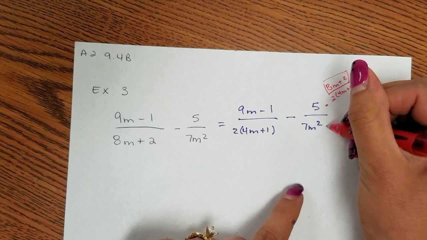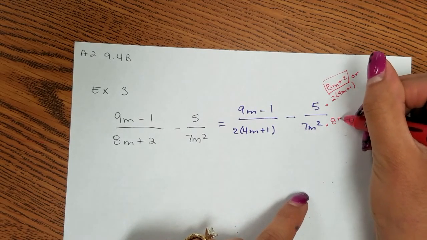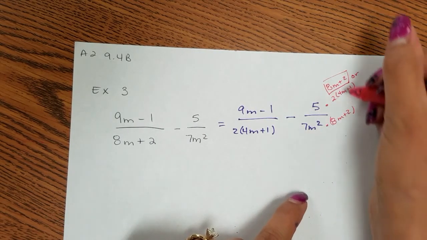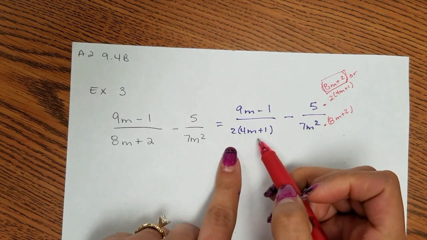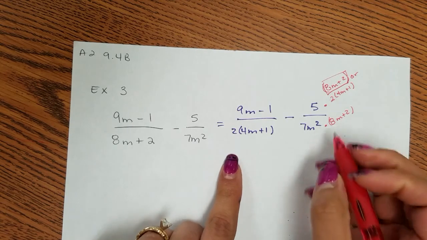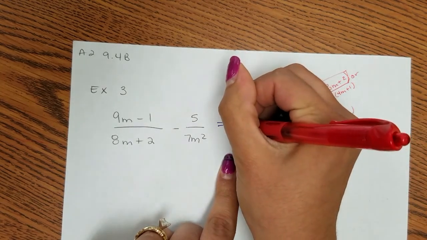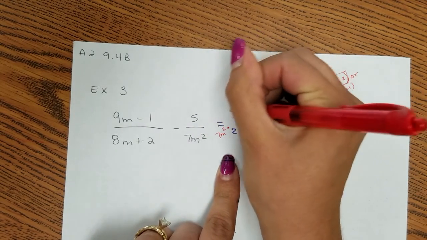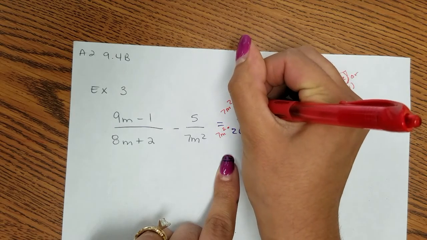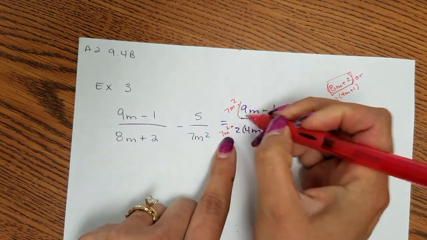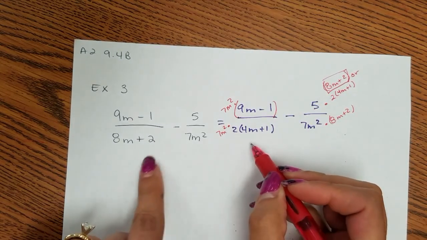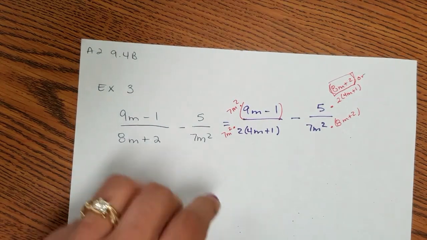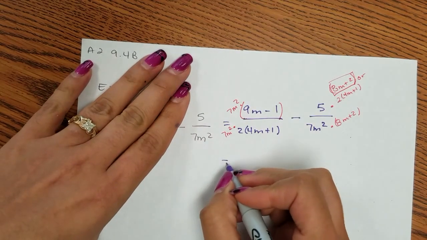Okay, so what you do to the top, you have to do to the bottom. Make sure you keep that in parentheses so that you know to distribute it. Now the one on the right, the one on the left is missing that 7m squared. So I'm going to multiply by 7m squared here, 7m squared there. Remember, this is going to stay in parentheses so you can distribute it. And when I multiply it here, I'm actually going to use this 8m plus 2. So I'll rewrite it.